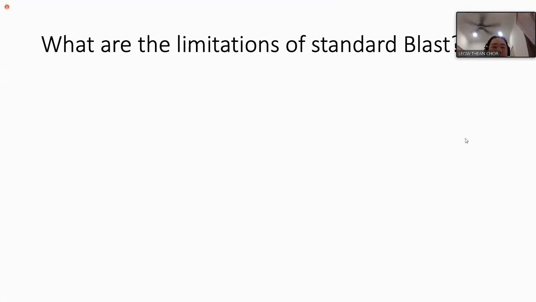If some of the homologous proteins are less than 30% identity, could be between 25 to 30% identity, in that case, BLAST P may not be good enough to detect distant homologs. Right? So these are the limitations for BLAST P.